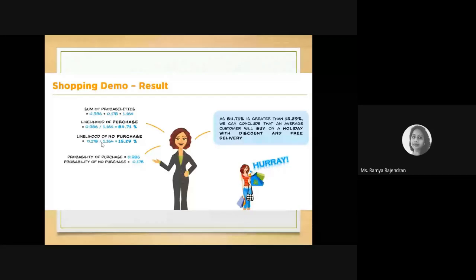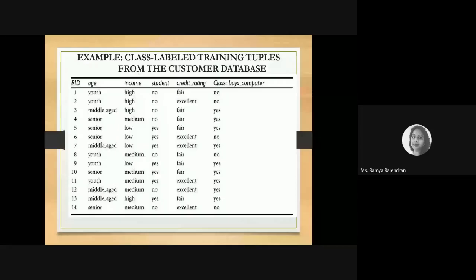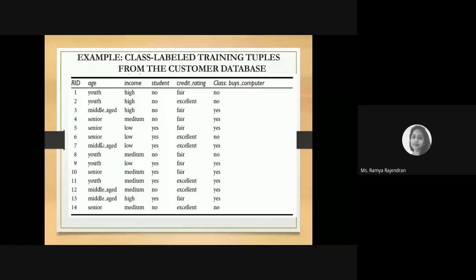Okay, similarly, I have a different example, with data on whether a person is buying a computer based on age, income, whether he's a student or not, and the credit rating. The same example is computed here.